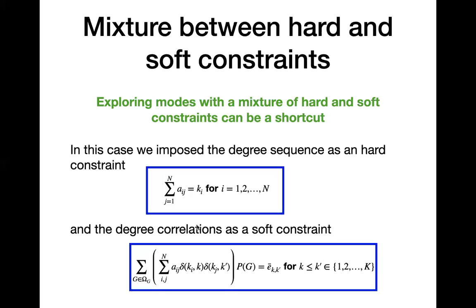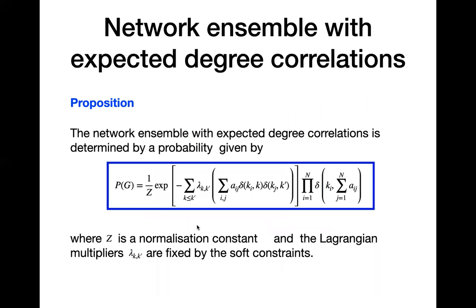So regarding the theoretical approach, what is the probability of a network in this ensemble? Well, you have a set of hard constraints, so you have the delta on the degree of the nodes. And these deltas are really fundamental because then you have a set of soft constraints, which are the expected number of links between nodes which have degree k and nodes that have degree k prime.